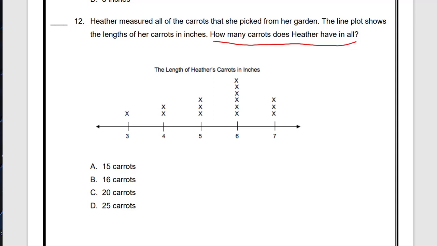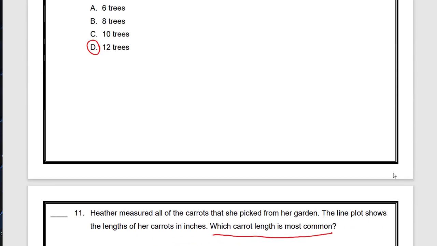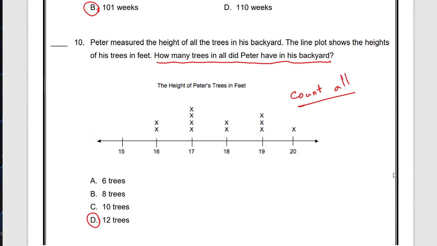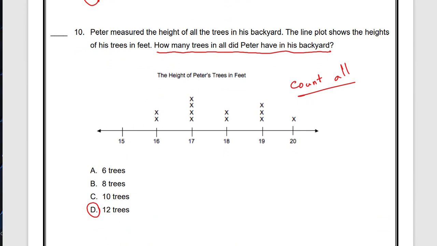No. Okay, but the question here, my hero: how many carrots does Heather have in all? Okay, let's see question number 10. I think it's the same. In question number 10, how many trees in all did he have in his backyard? So I think we should do the same. What should we do?